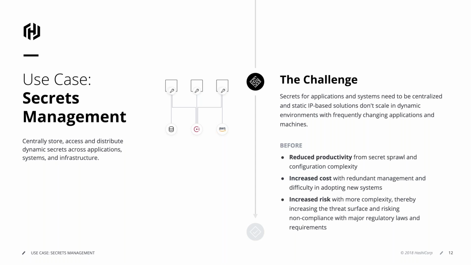This is where using a secret management tool is just critical. As you're going to have productivity losses as you're reinventing the wheel. It's going to increase the cost since you have lots of redundant systems, and it also heavily increases your risk because each team is responsible for their own security.